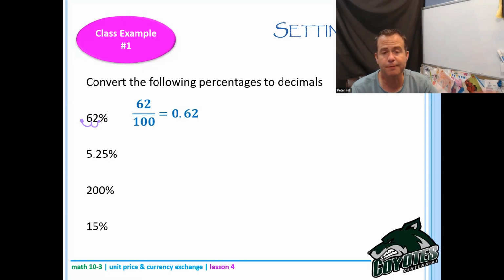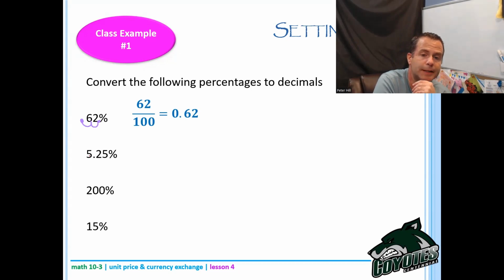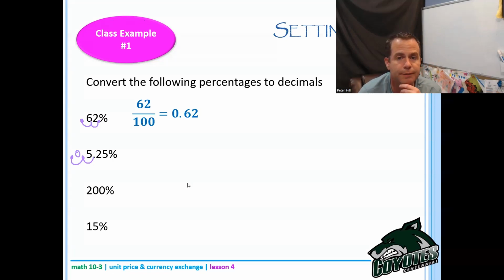Same thing works with the 5.25%. I can go 5.25 divided by 100. I can also just move my decimal place back twice. Anytime there's a hole there, I put a 0. So it'd be 0.0525.